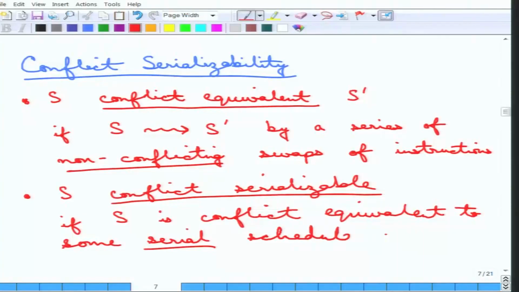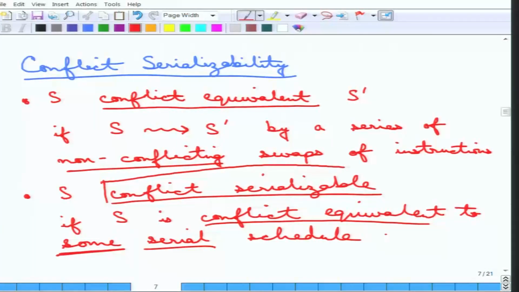So once more, it does not need to be conflict equivalent to all the serial schedules, but there must exist at least one serial schedule that S is conflict equivalent to, and then it is called conflict serializable. That is the definition of conflict serializability.